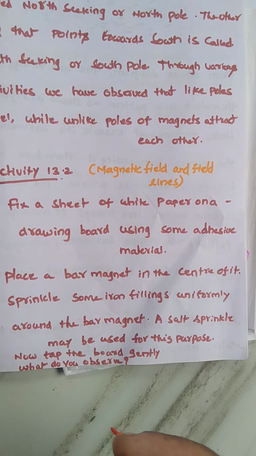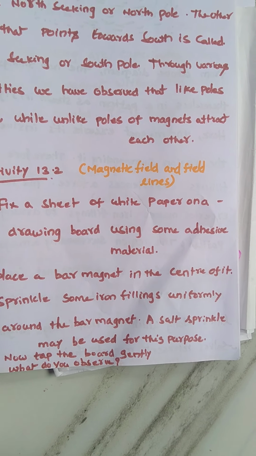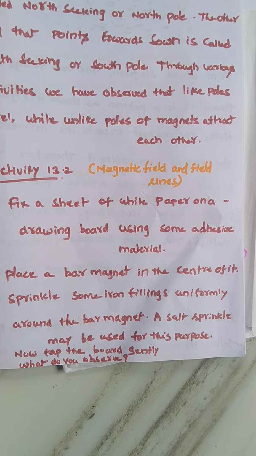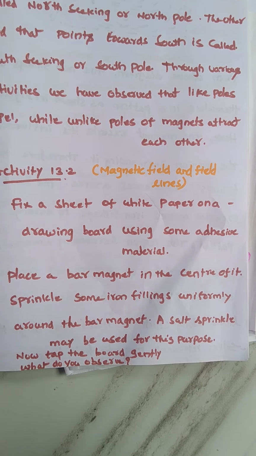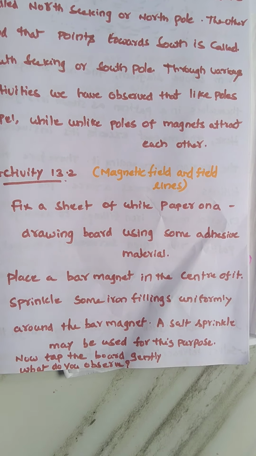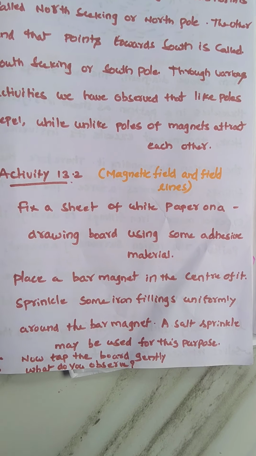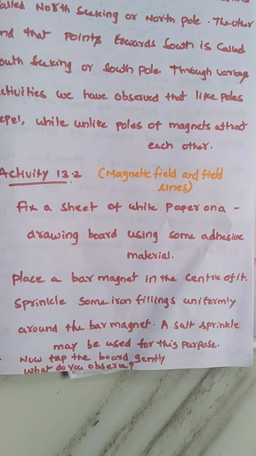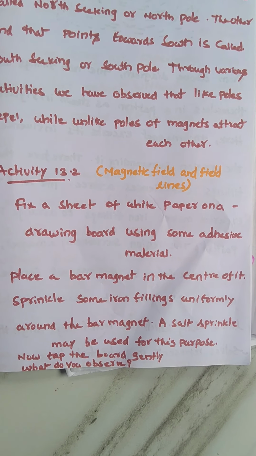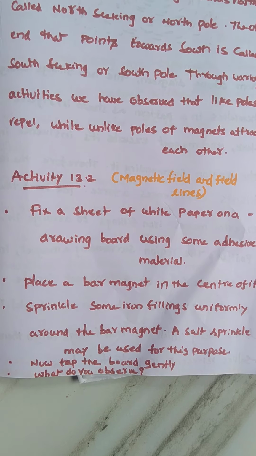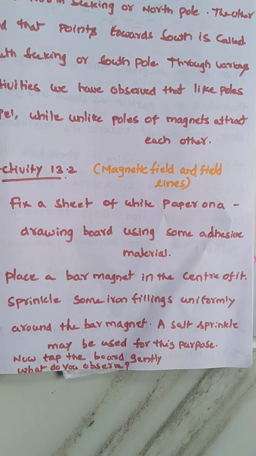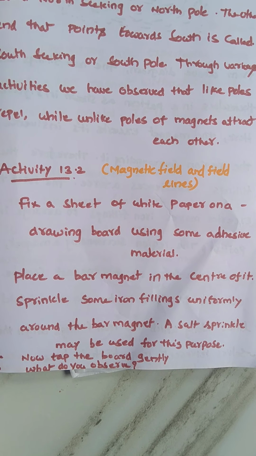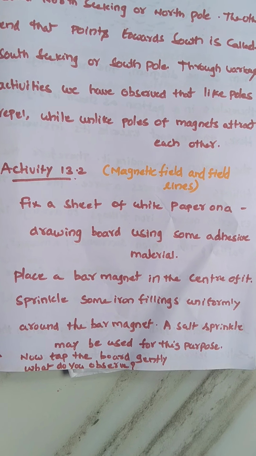So, take a sheet of white paper on a drawing board using adhesive material, and place a bar magnet in the center of it. Now we sprinkle some iron filings. What happens? The magnet always attracts the iron particles, so these particles create some pattern.